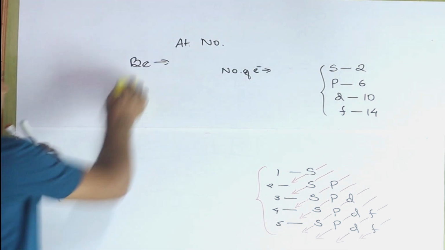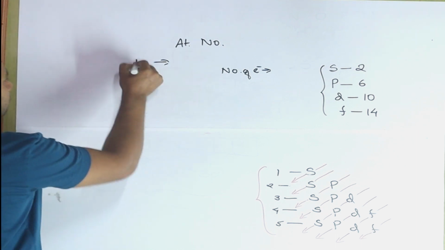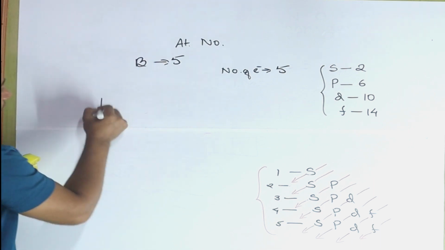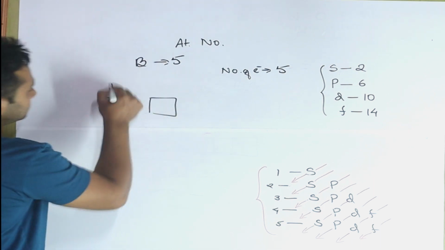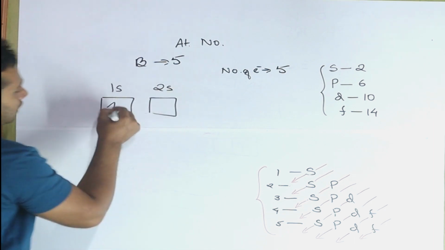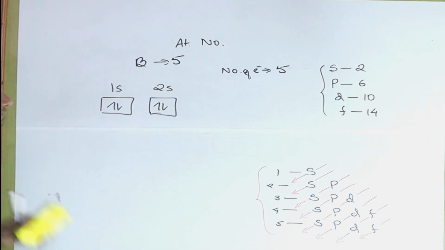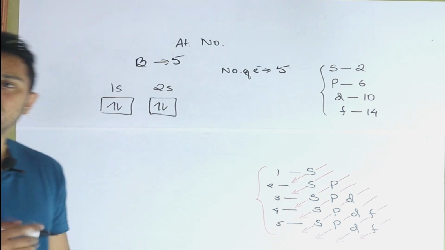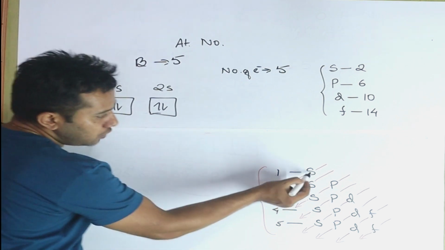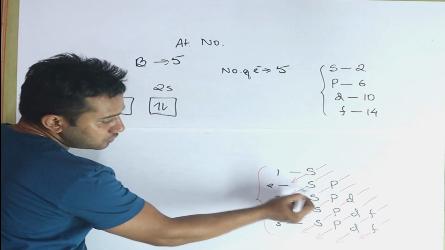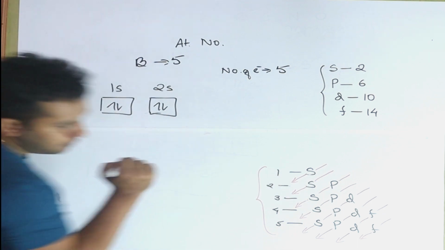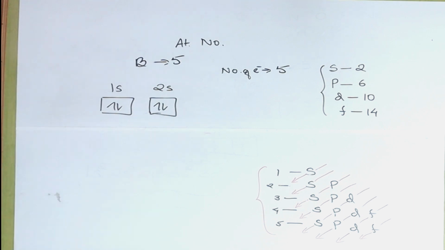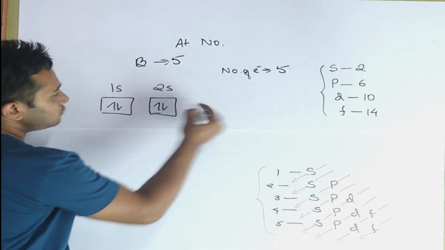Let's go for atomic number 5. We have boron, atomic number 5. So there are 5 electrons. 1s, 2s. So 1, 2, 3, 4. I have filled 4 electrons, and there are 5 electrons, so 1 more electron is left. Let's see which orbital is going to come now. 1s is gone, 2s is gone, so the next one is 2p. Since it is in n equals 2, we'll write 2p out here.